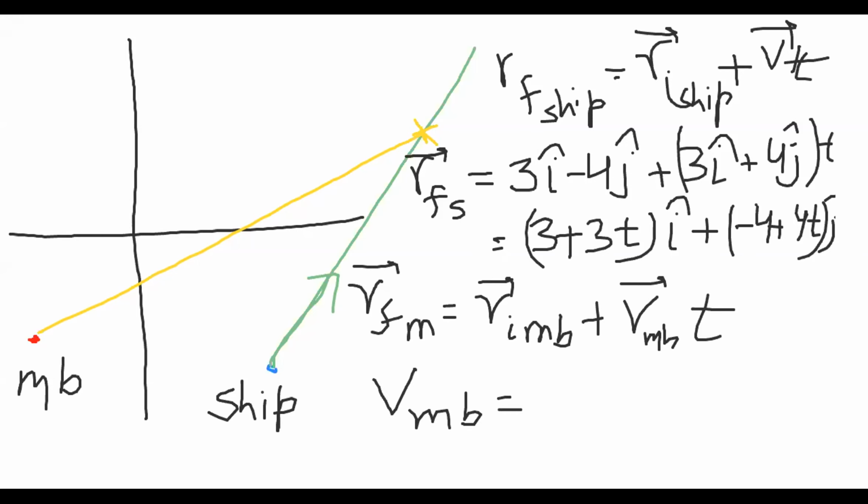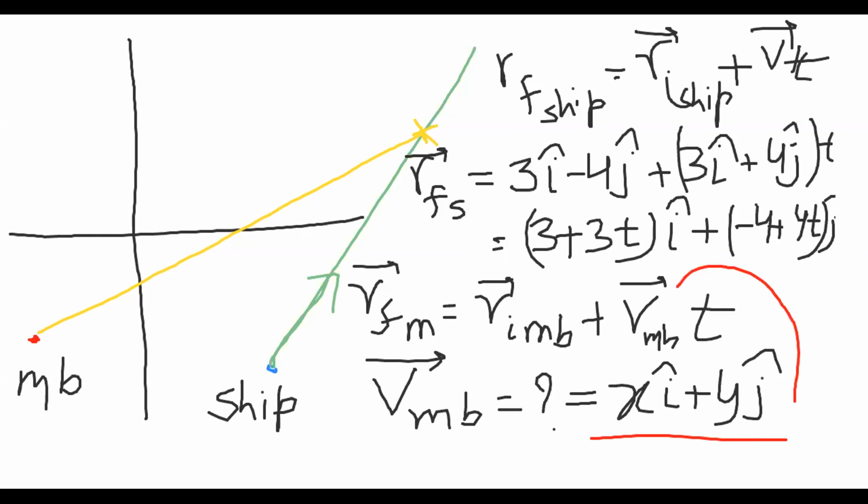So what I'm going to do is I'm going to assume that the velocity vector of the motorboat is given by xi cap plus yj cap. Okay, I'm going to change the slide now. Please take a screenshot if you want. So the velocity vector of the motorboat is going to be placed here.